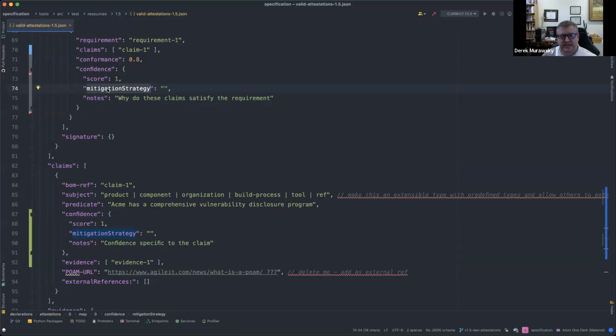The idea here was that in this upper section, in the 70s, it is the people who are attesting, or the auditing people, the folks who are validating this, saying yes or no. And then maybe they are referencing a mitigation strategy, or maybe they shouldn't be making a reference to a mitigation strategy. I don't know. But the intended audience making this confidence assessment up here is different from the intended audience making it down in the claims section.